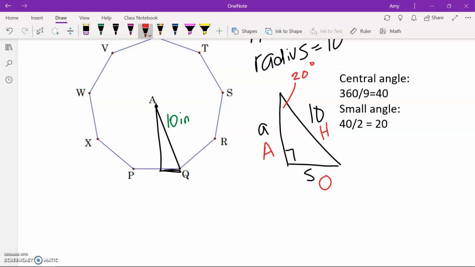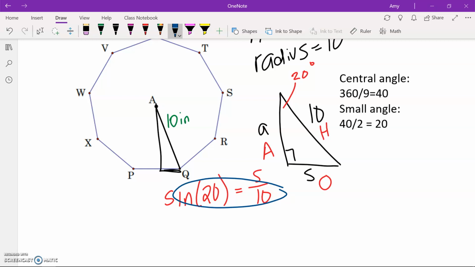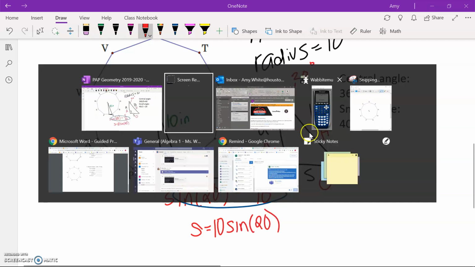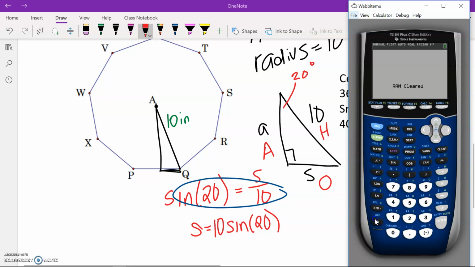So to find my side length, or that's the side divided by 2, I'm going to do sine of 20 is s over 10. Now that I've set this up, I can multiply these two values together, and we get s equals 10 sine of 20.